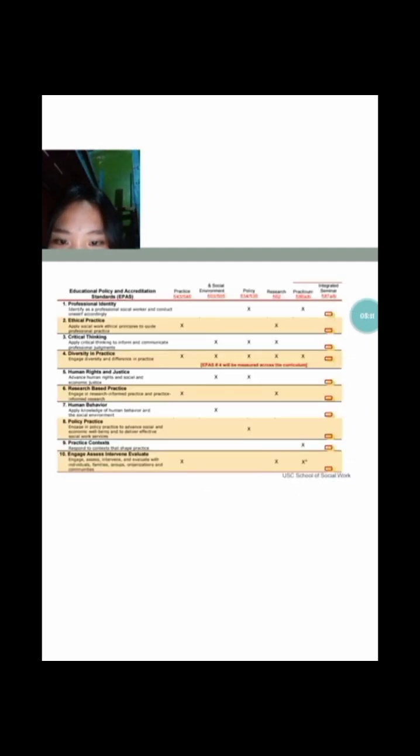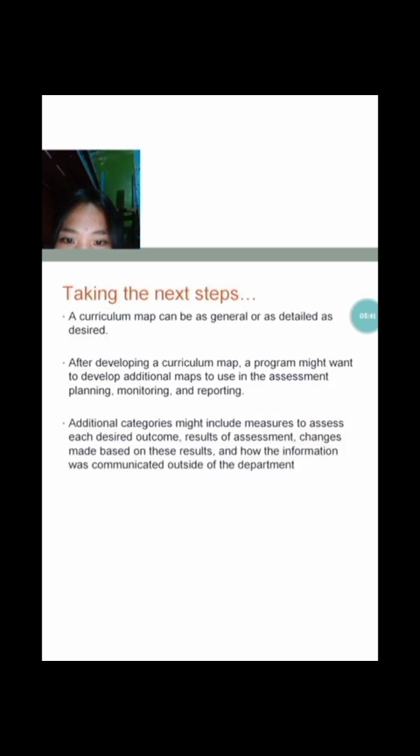Here are the sample, Educational Policy and Accreditation Standards or EPAS. EPAS number one: professional identity, ethical practice, critical thinking, diversity in practice, human rights and justice, research and best practice, human behavior, policy practice, practice context, engage, assess, intervene, evaluate.